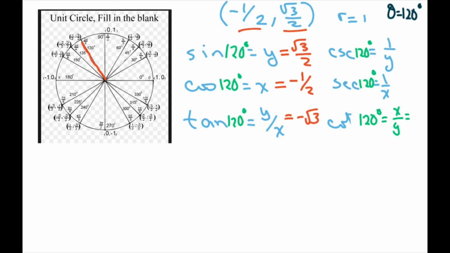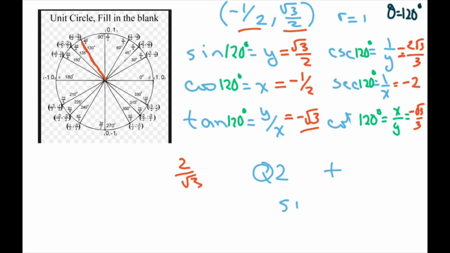Then you just flip it again: this is going to be negative 2, and this is negative square root of 3 over 3. So you're copying the same values, you're just switching the signs. And notice in quadrant 2, which is where we're at, the only things that are positive are sine and cosecant.